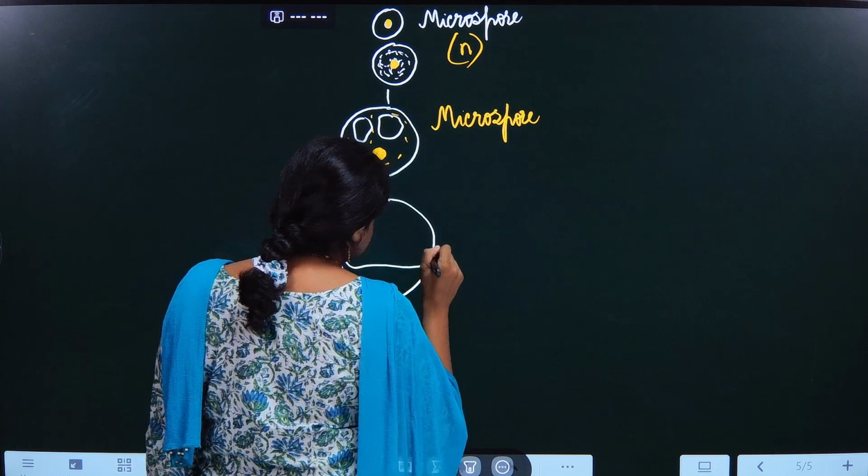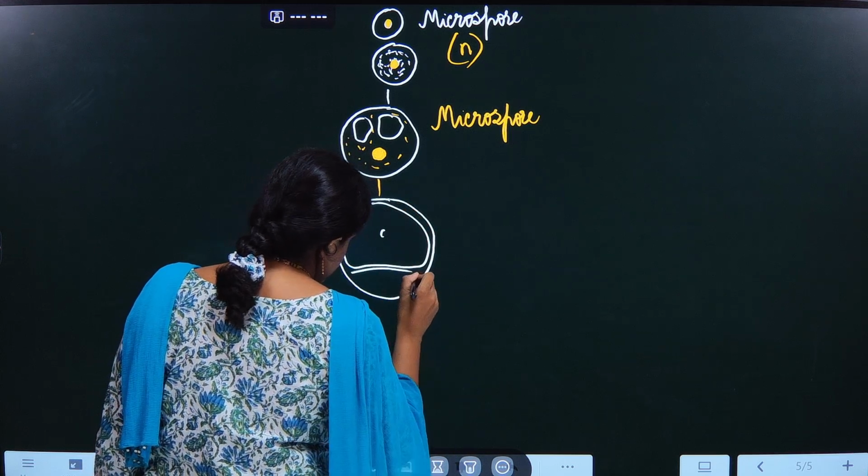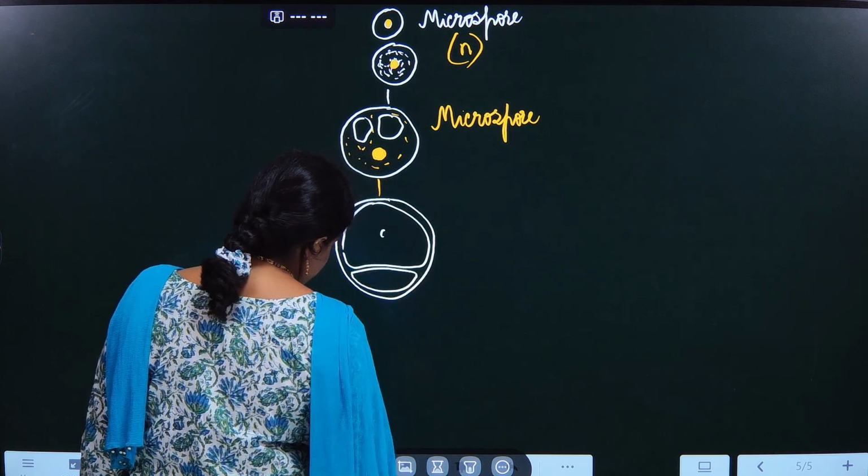This is the larger cell and this is the smaller cell.